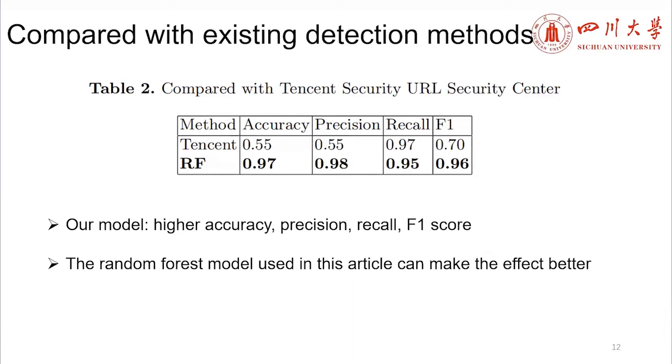To prove the superiority of our detection model, we compared it with existing methods, Tencent Security. It is a leading brand in Internet security. Its URL security center can block malicious URLs and identify phishing websites within seconds.